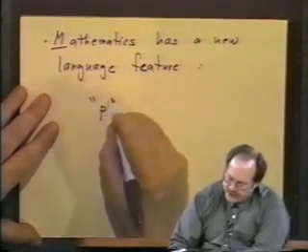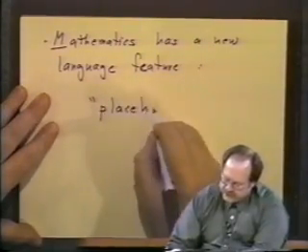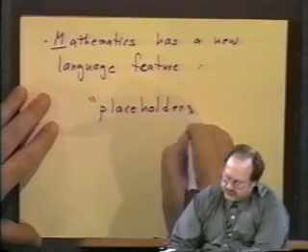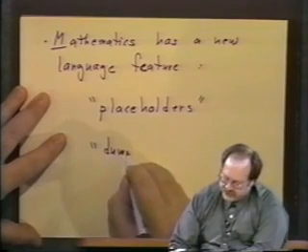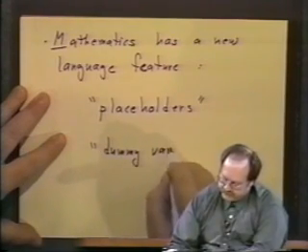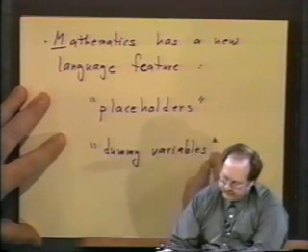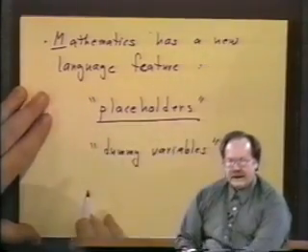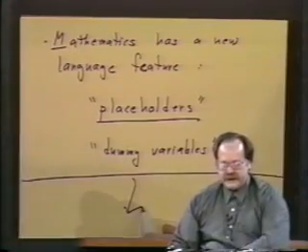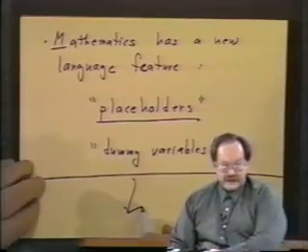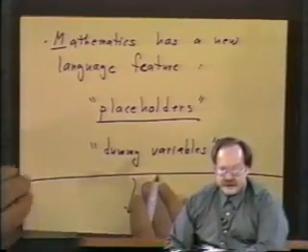And you can write it in several different ways. You can say it is the notion of placeholders. Or another form is to say dummy variables. Placeholders is the one I like for the time being. And let me show you exactly what I mean by writing down an example of a statement in the language of mathematics that illustrates this aspect.